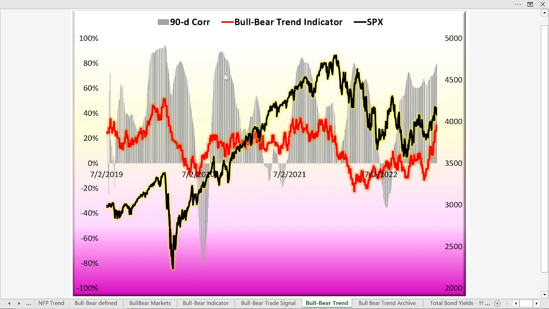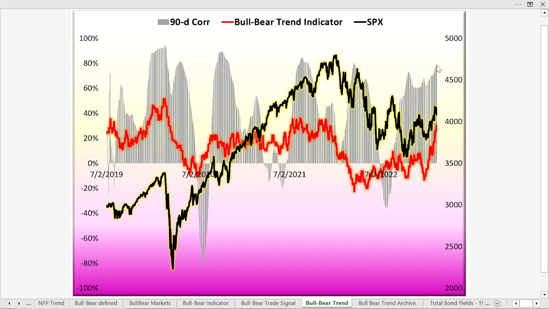When we had that 89% correlation between the S&P 500 and the bull-bear trend indicator going back to August of 2020, we saw a pretty good correction in the S&P 500. Even more so, when we saw a very strong correlation going back to August of 2021, we eventually did see a very strong reversal also in the S&P 500.